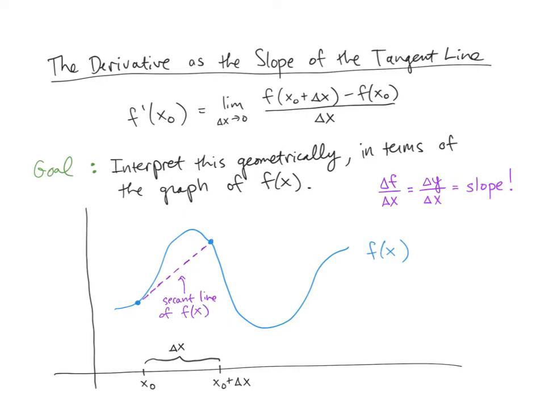It's the secant line of the graph of the function f of x that connects x naught to x naught plus delta x. Or more properly, the point x naught, f of x naught on the graph, which is here, and the point x naught plus delta x, comma, f of x naught plus delta x on the graph.